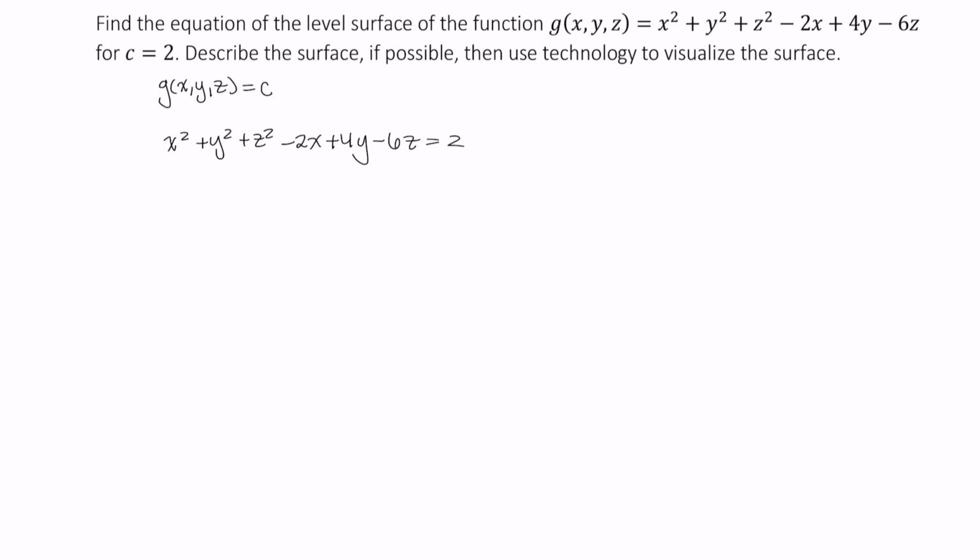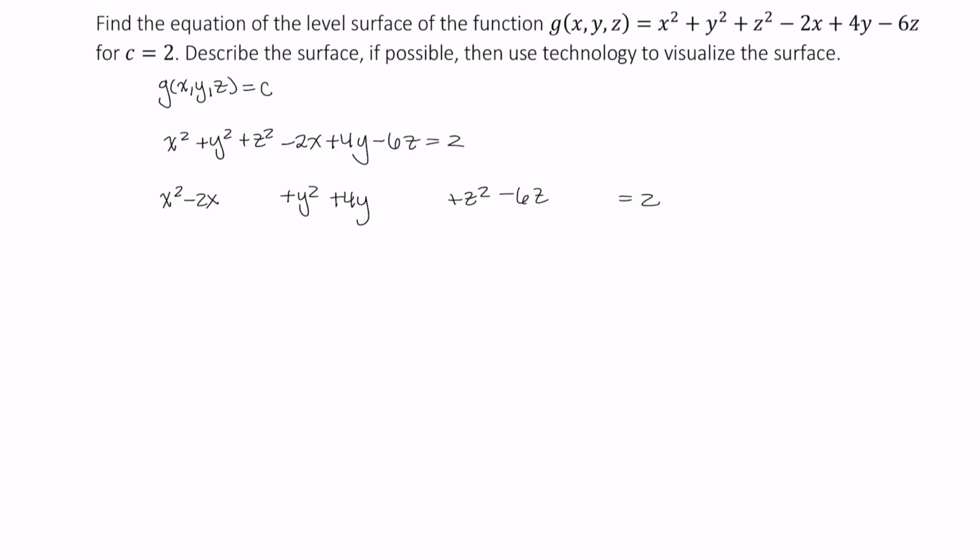Next, I'm going to shuffle about all the terms to get all the x's, y's, and z's together. So I have x squared minus 2x plus y squared plus 4y. And actually, I'll go ahead and leave some gaps so I can complete the squares in here. Plus z squared minus 6z equals 2.